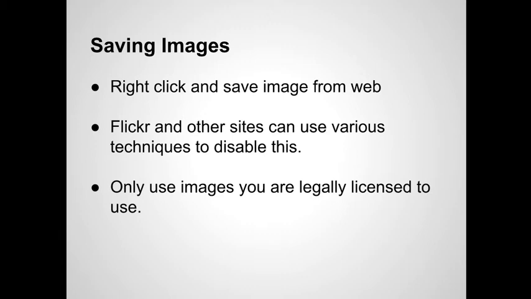Some sites will utilize various methods to prevent you from doing this, like Flickr does. You should also be mindful of the license of the image that you are attempting to save, to see what it's released under. Previously in this course, we learned about Creative Commons and copyright, and you should restrict your use of images to those that you know you have rights to.